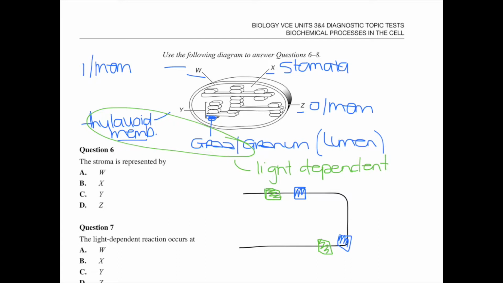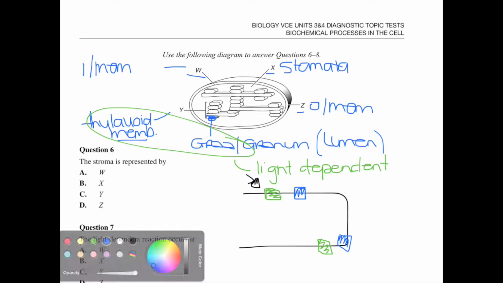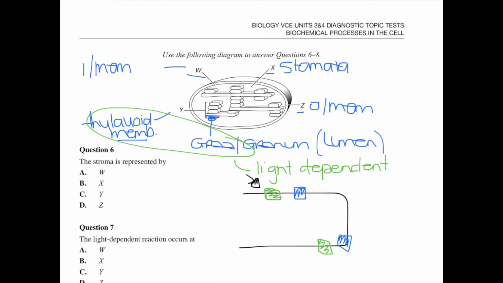That's the light dependent stage because the light is being absorbed here by the chlorophyll. Then remember it moves out via that ATPase, and then that's moving into the stroma. So therefore that's the light independent stage.